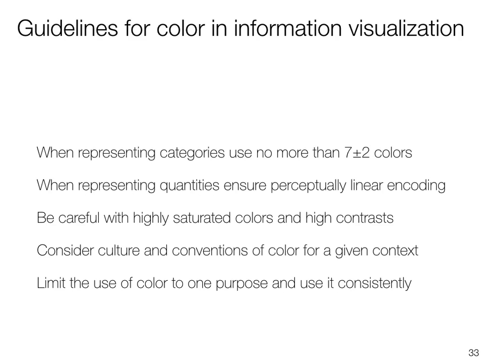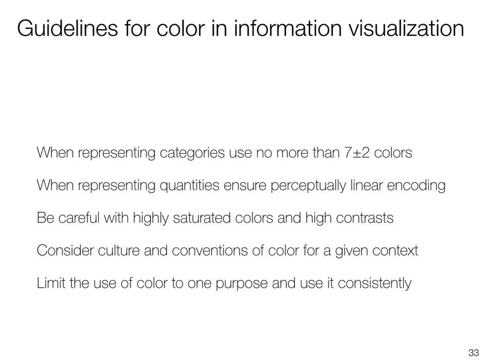We talked about the perceptually linear encoding, so you should choose a color scale that satisfies this requirement, especially with high saturations and contrasts. You want to be careful because as we talked about the relativity of perception, these high contrasts and saturations will impact our perception and might make it harder actually to see nuances and subtle differences.